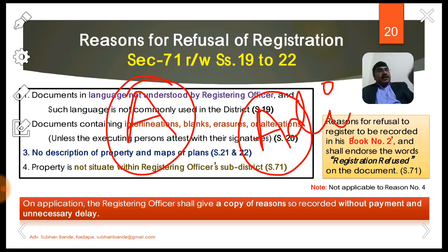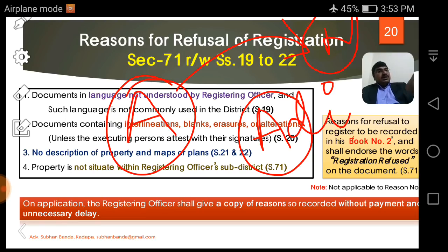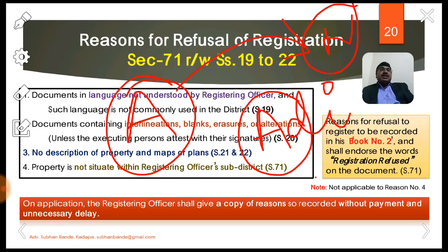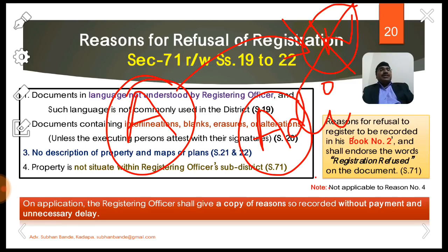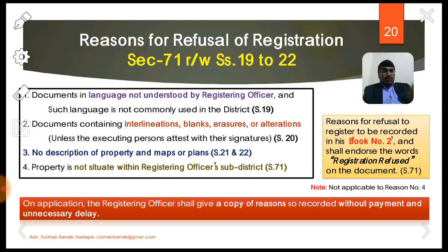If Mr. A presents the instruments for registration in Nizamabad district, then the registering officer of Nizamabad district will refuse registration as under section 71. We need to remember this one, that is, the property should be situated within the registering officer's sub-district.